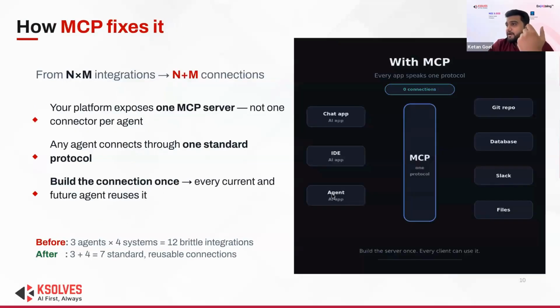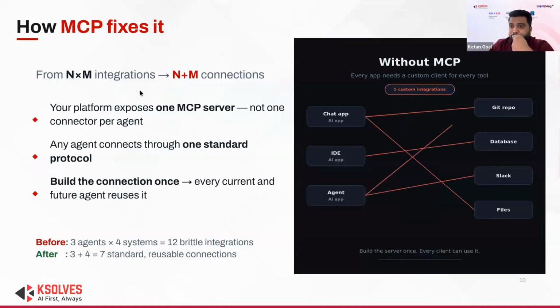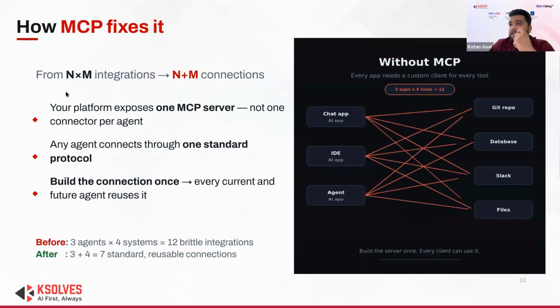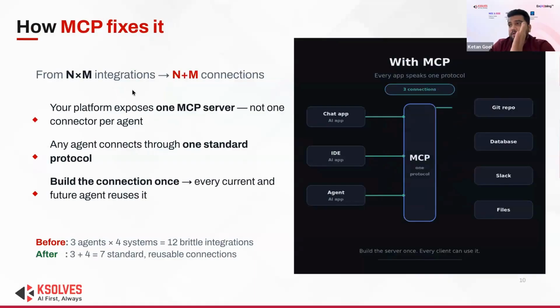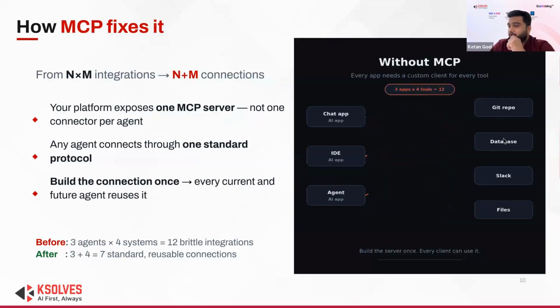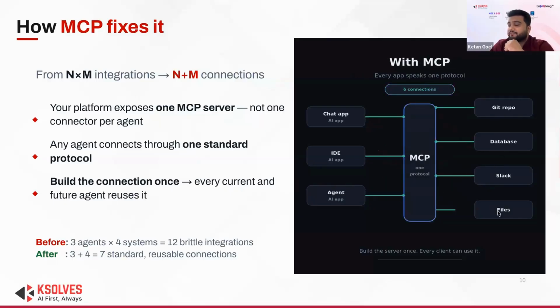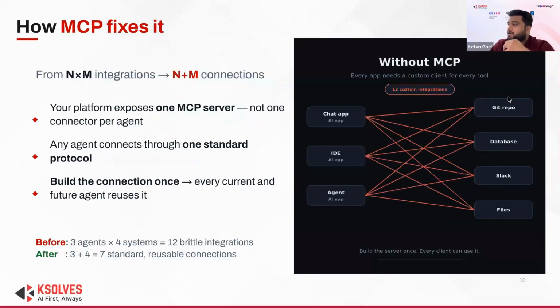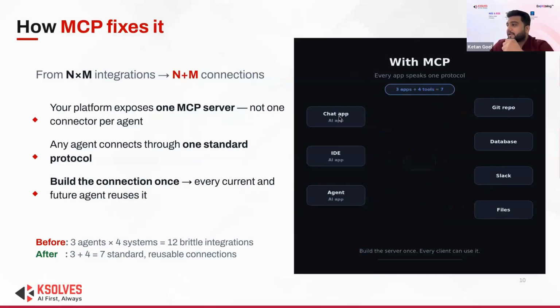To solve this problem, MCP comes into the picture. How does MCP fix it? From n cross m integrations, it will convert this to n plus m connections. So let's say you have 4 platforms. You have Git repo, you have database, you have Slack, you have files. Now you want to use all these platforms in your different applications.